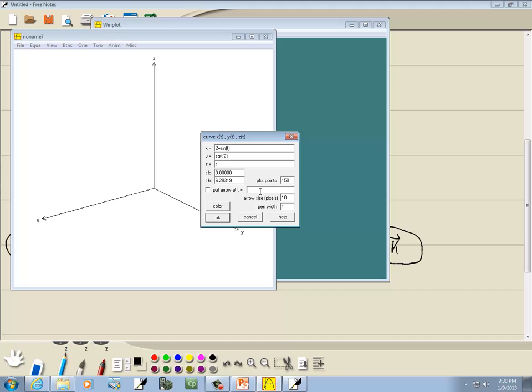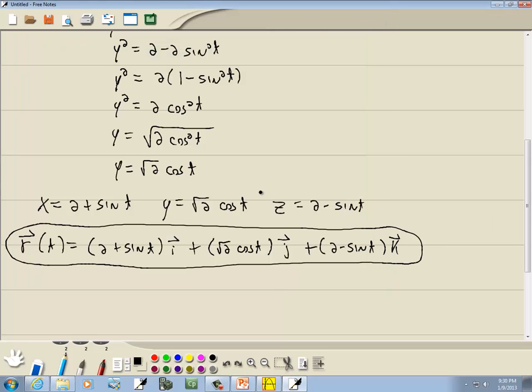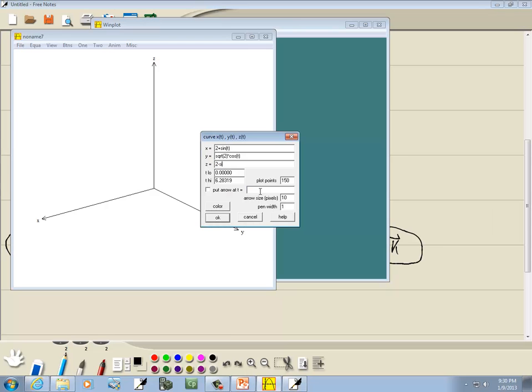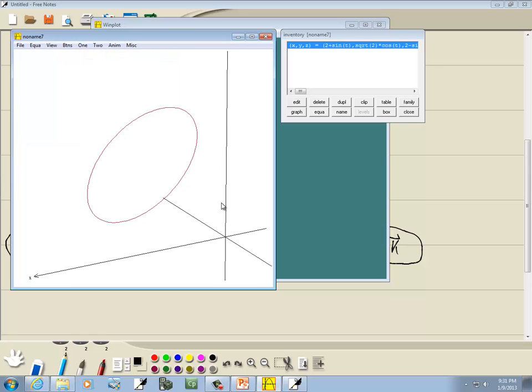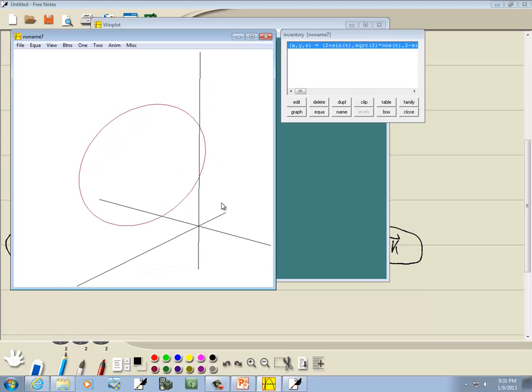I don't know if I needed the times there, but I'll do an asterisk. Cosine t. And then 2 minus sine t. And 0 to pi is probably okay. I'll click OK and do a view axis. Like that. And that's what we came up with.